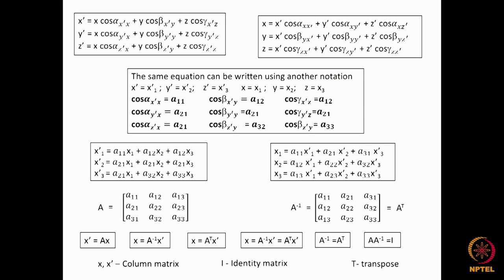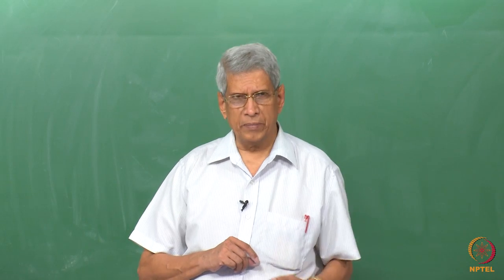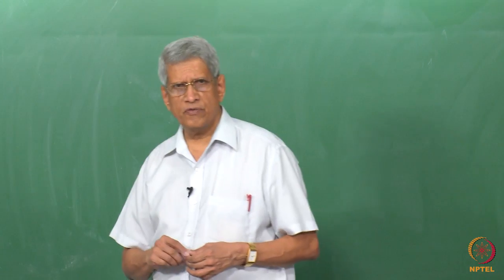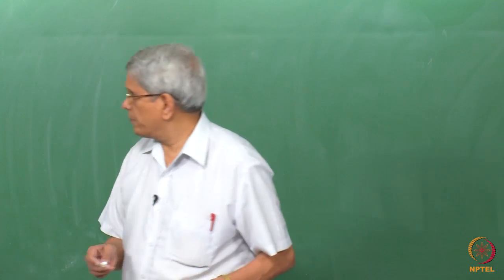Instead of mentioning these angles as cos alpha, it requires a lot of space and we have to remember the notation. Another simple method, as I mentioned in the last class, is we can write it in terms of A1, A2, A3, right?